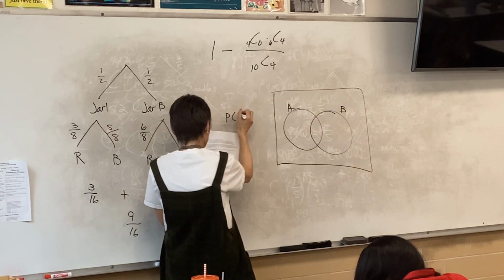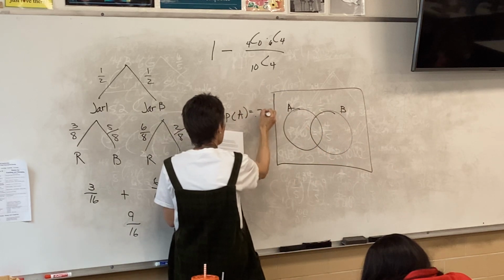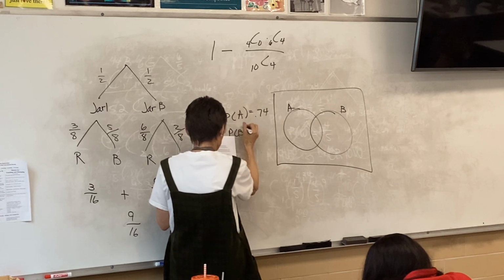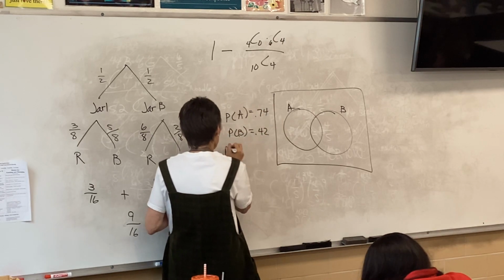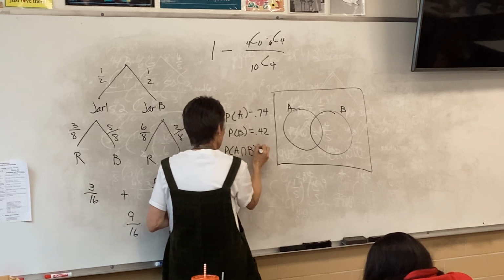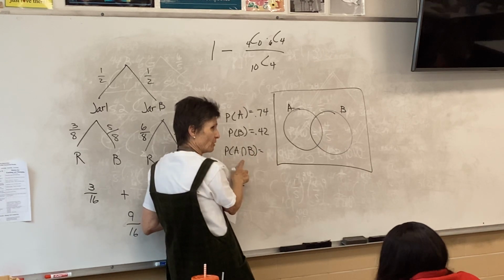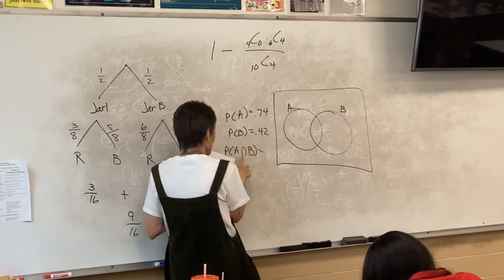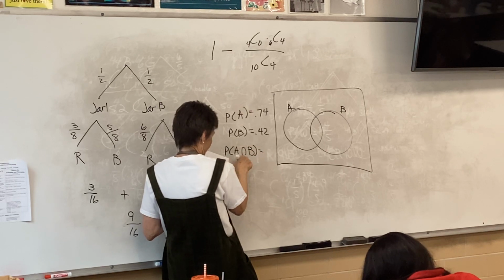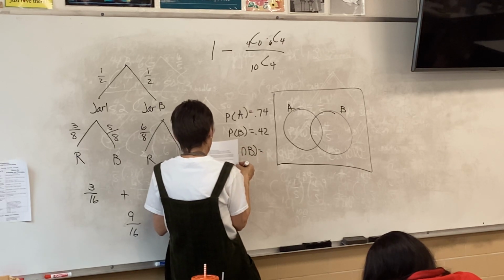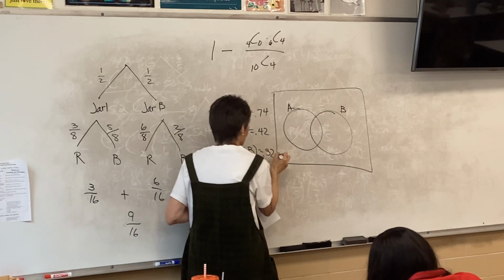So we know the probability of A is 0.74, the probability of B is 0.42, and the probability of A and B, this is the correct notation. I couldn't find the upside down U on the typewriter or on the computer, so I'll put it in here. That is 0.32.